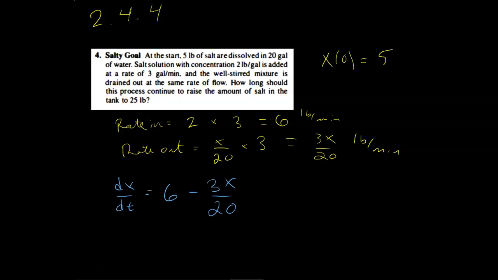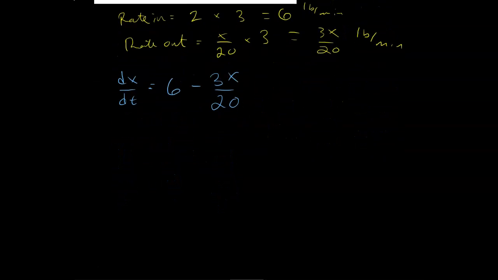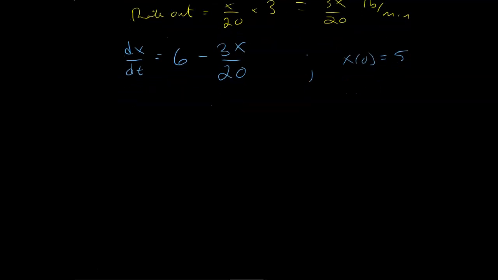To solve this, let's go ahead and come down here. I'm going to write that initial condition once more as well. You can do one of two things. You can recognize that we've solved things like this before, or you can solve it directly from this equation.